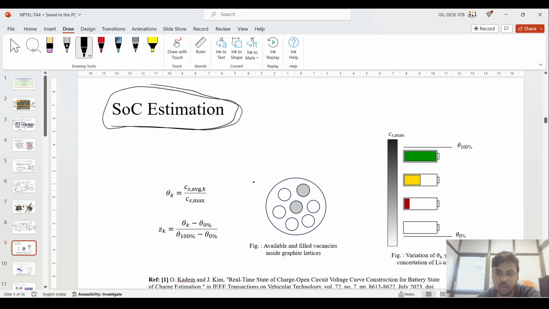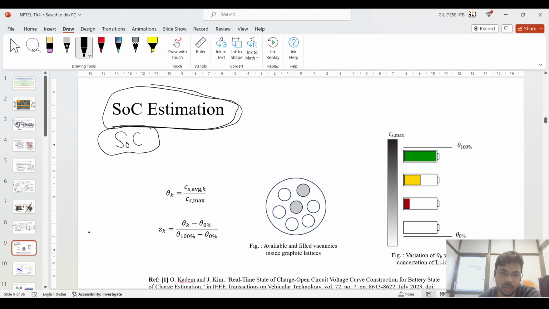Then further moving to SOC estimation. Last class I discussed this, but many of the students always have this doubt: what is the correct method of measuring this SOC?